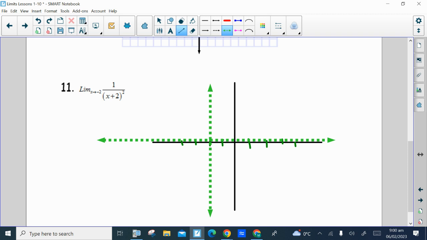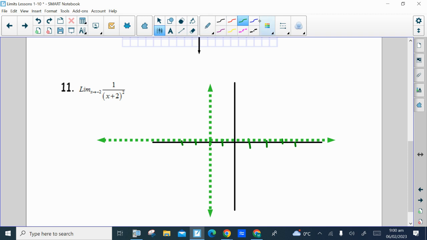We already stated that the denominator is always going to be positive, so this graph will always have a positive value of y, because 1 over a positive number is always a positive number. When you let x equal 0, 0 plus 2 is 2, squared is 4, and 1 over 4 is 1/4.